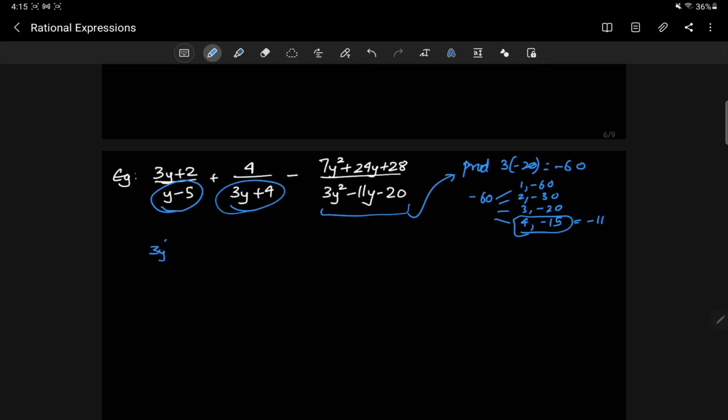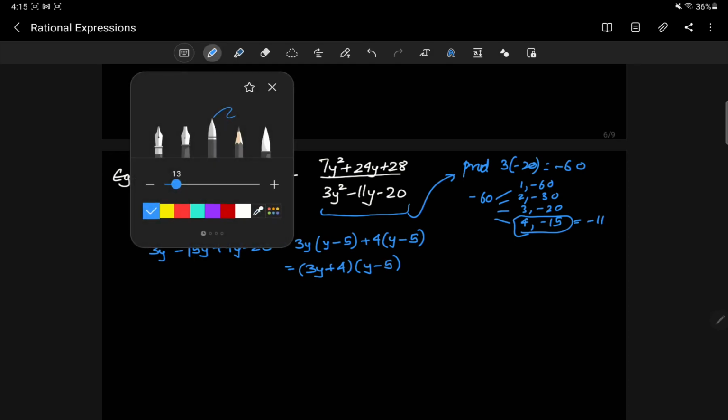So 3y squared minus 15y plus 4y minus 20, 3y, y minus 5 plus 4, y minus 5, 3y plus 4 and y minus 5, which is exactly these terms.